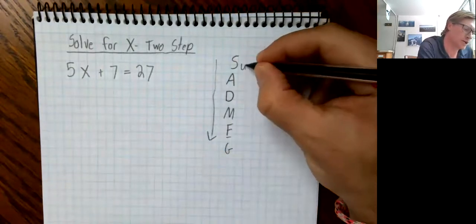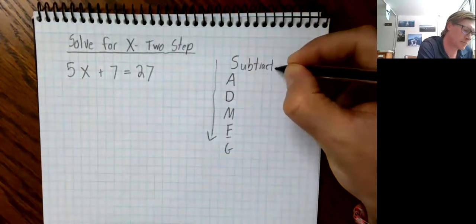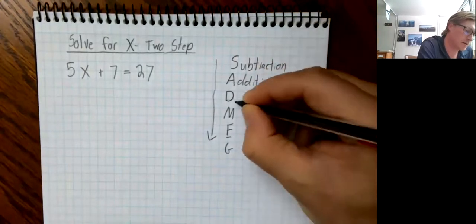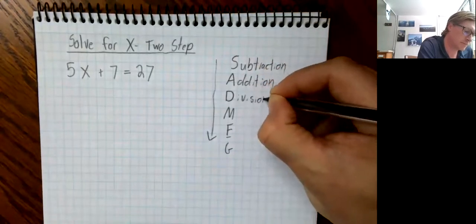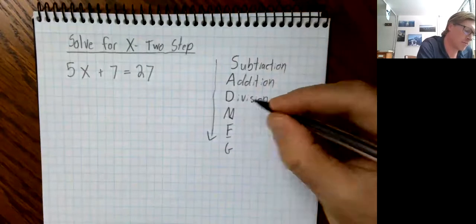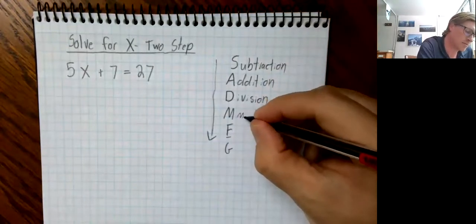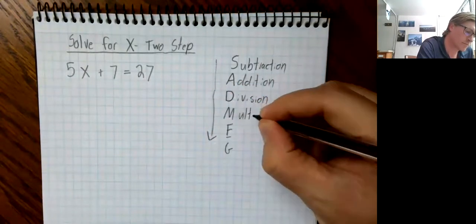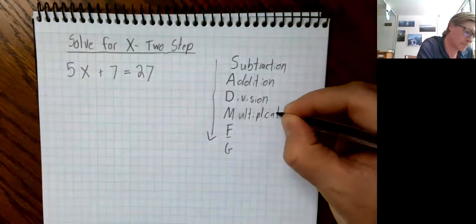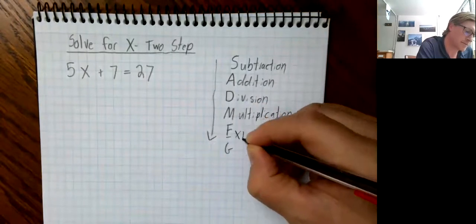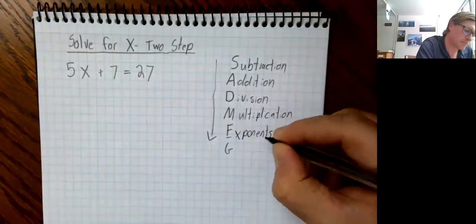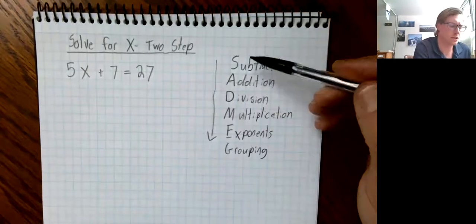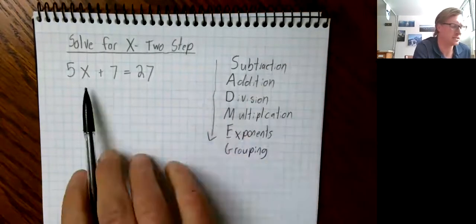We're going to do subtraction, addition, division, multiplication, exponents, and grouping. So this is the order in which we are going to isolate this x.